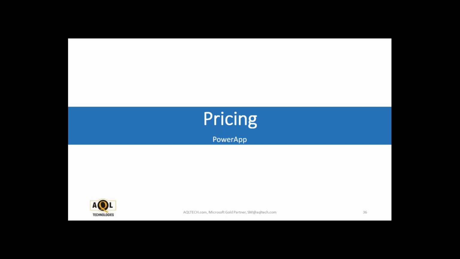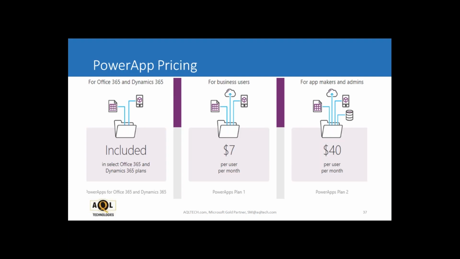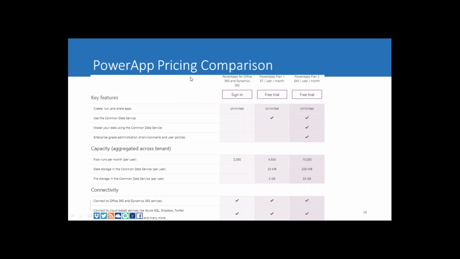So pricing, let's talk about Power Apps pricing. Primarily, it's as simple as this. Power Apps for Office 365 and Dynamics 365 is included in selected Office 365 and Dynamics 365 plans. For business users who just want to buy the Power App plan itself, it's $7 per user per month. For app makers and admins, it's $40 per user per month, which is the Power App plan 2. Some key features of these plans: creating, running, and sharing apps is unlimited.